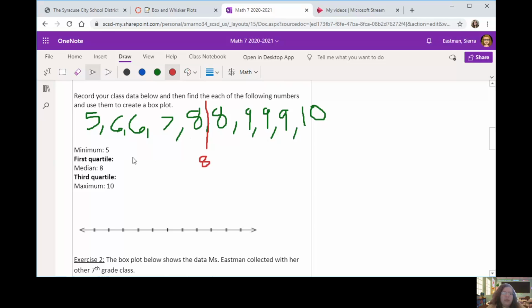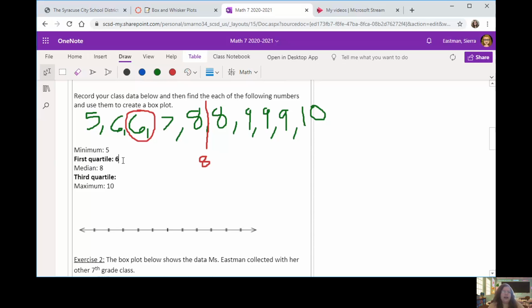The first quartile splits the data in half again. Now I'm only going to be looking at this side. What's the middle of this side by itself? That would be a 6. That is our first quartile.